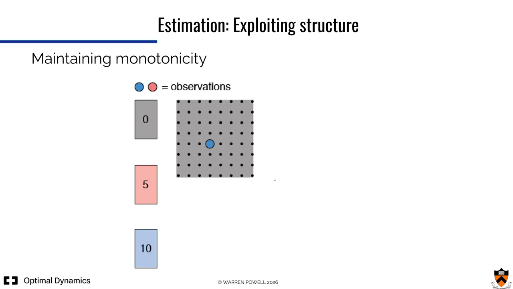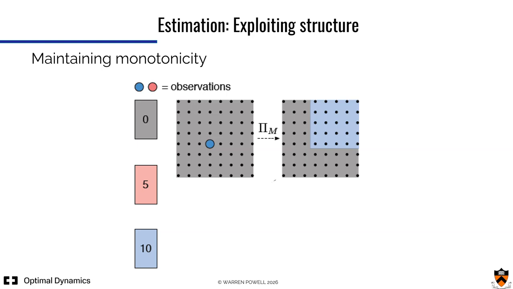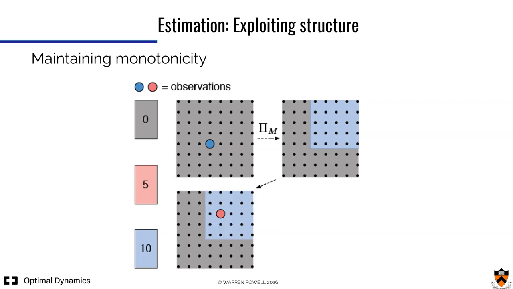Let's say I have my surface and I observe the blue dot and I get a value of 10. And I know that everything to the right and above it has to be at least as big as that, so I can fill all of those points in. From one observation, I can fill in this whole plateau and say, well, these all have to be at least 10, so I'll just set them equal to 10. Now, let's say I come in and I get a red dot and I get a 5.